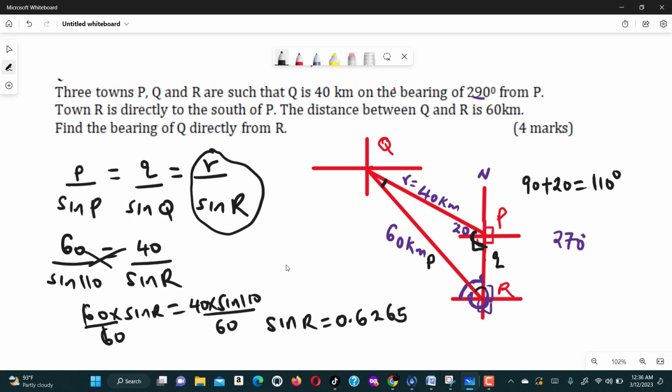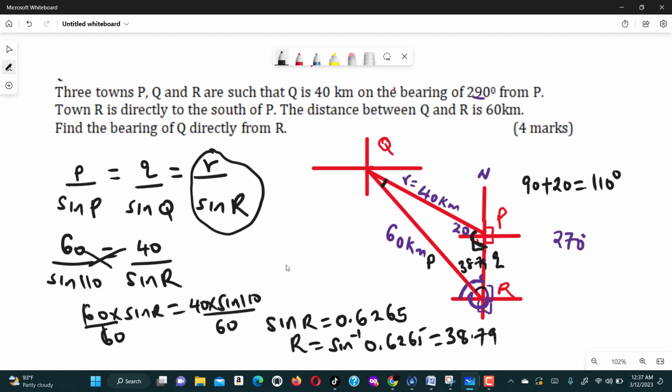So we're going to use the calculator again and find the angle whose value is 0.6265. So angle R will be the sine inverse of 0.6265, which gives us 38.79. So this angle is 38.79.